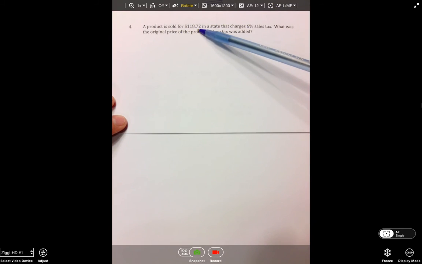So what's going on here is this product was sold for $118.72 that included tax. What was the original price of the product before tax was added?